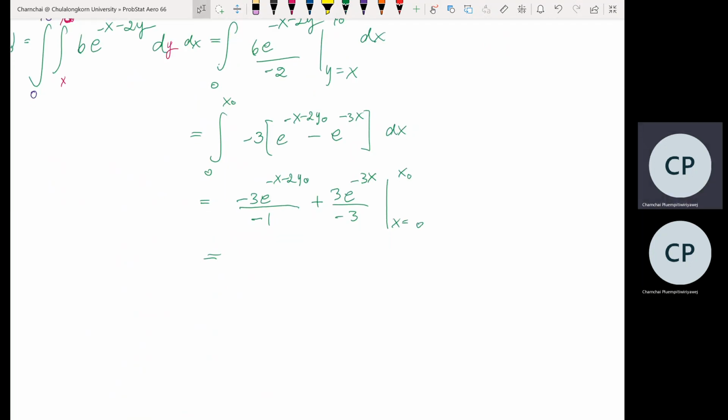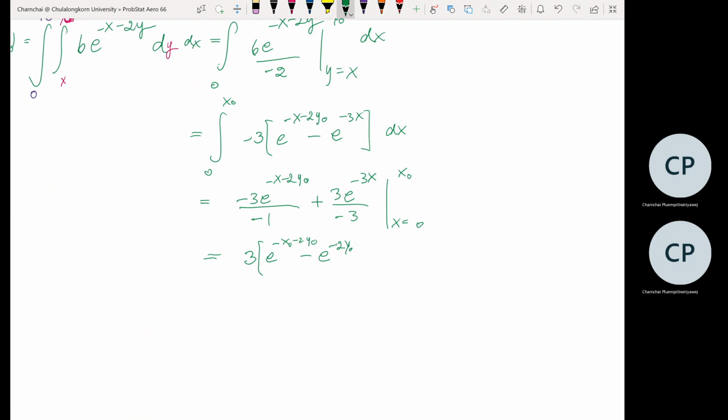Okay, let's do it. Negative 3 divided by negative 1 is 3. We get e to the negative x naught minus 2y naught minus e to the 0, which is negative 2y naught.